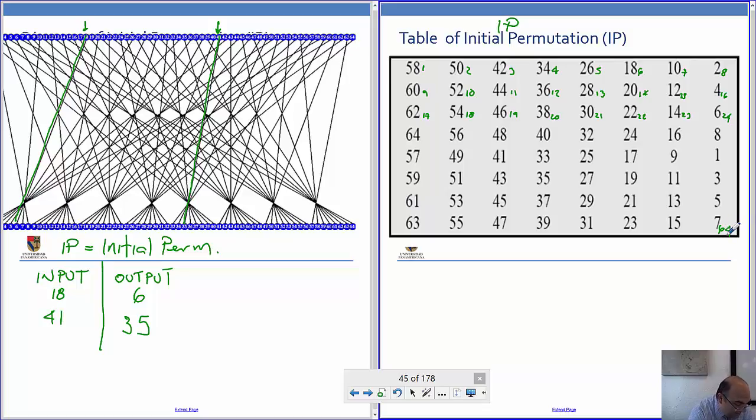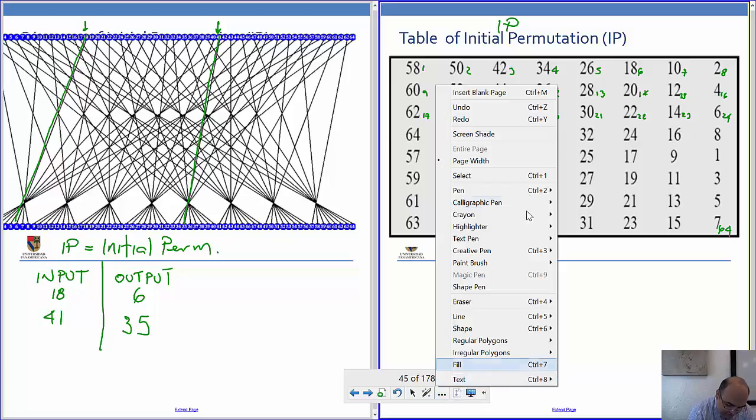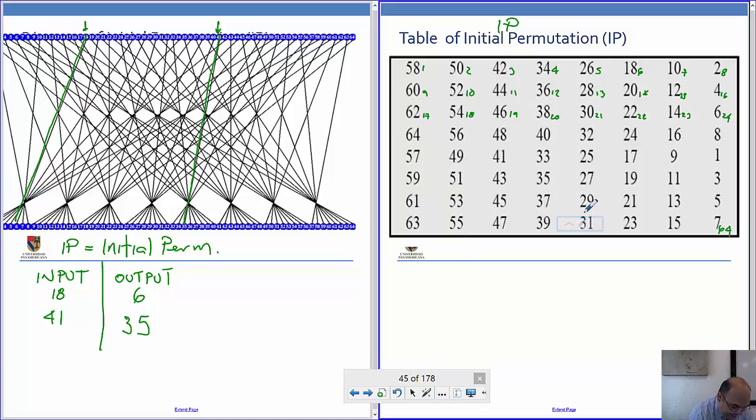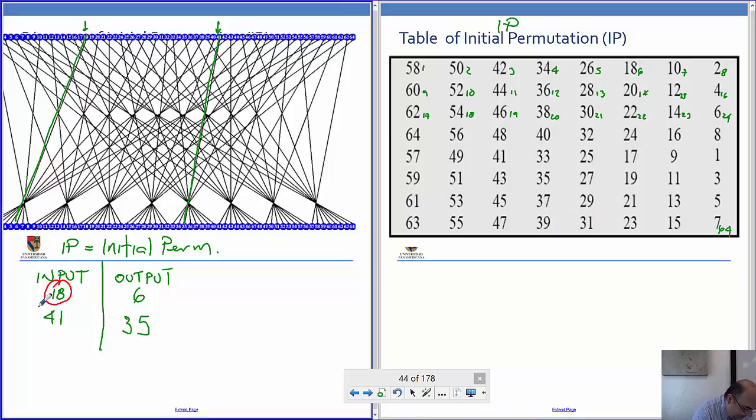So what we do is, in this example, let me change colors. This is bit 18. Bit 18 now is bit 6.